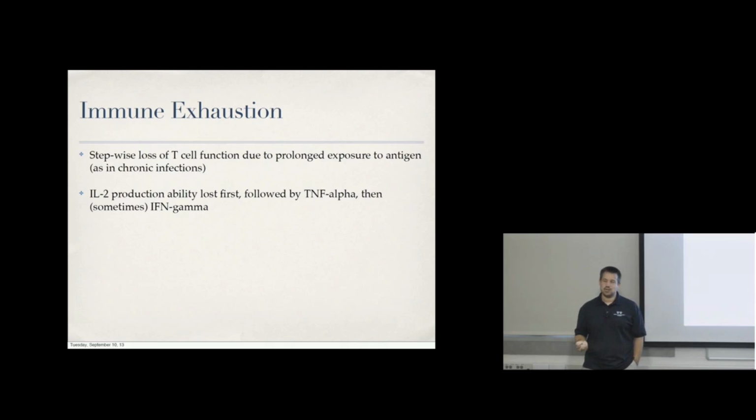Basically, it's almost like they're giving up. Right? Well, this isn't working. It's probably causing harm to your host tissue. So they just kind of say, okay, forget it. We're not going to do this forever because maybe we'll die or whatever, right? So CTLs will lose the ability first to produce IL-2, then tumor necrosis factor alpha, and then eventually, sometimes, interferon gamma over the course of a chronic hepatitis B infection.